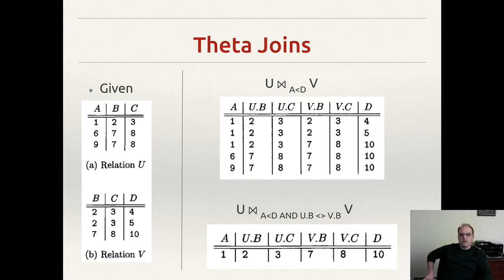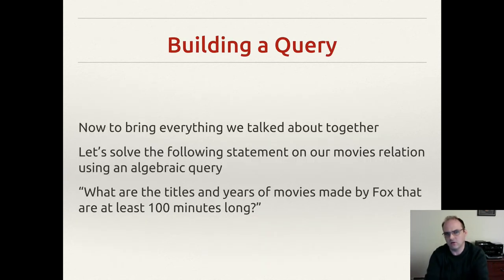And the only one that works is that one tuple with 1, 2, and 3 from relation U and 7, 8, and 10 from relation V. Because if we look at B in both of them, B is a 2 in the top tuple of the first one, and it's a 7 in the last tuple of V. And the first condition does still apply, where A is 1 and D is 10, so A is in fact still less than 10.